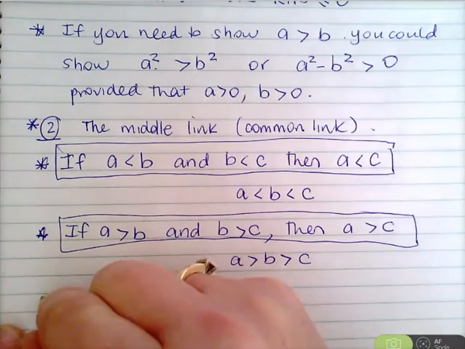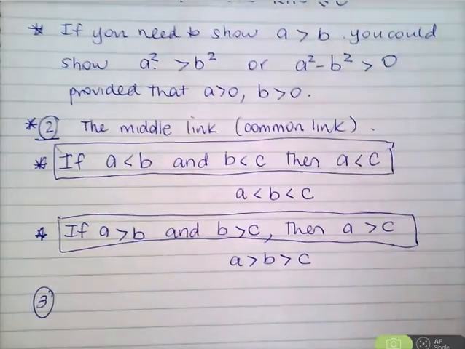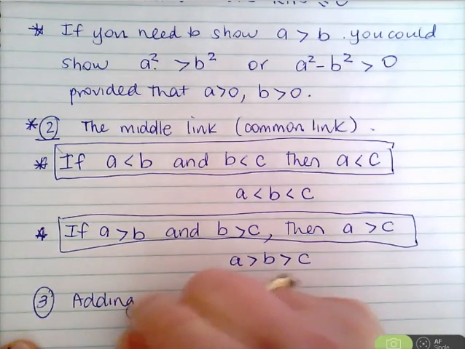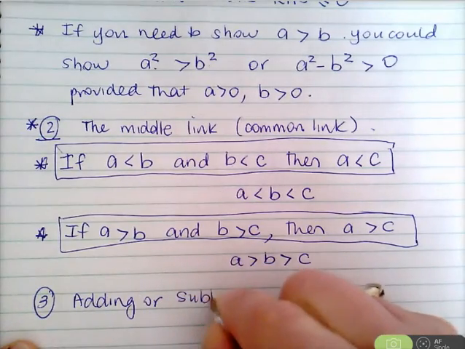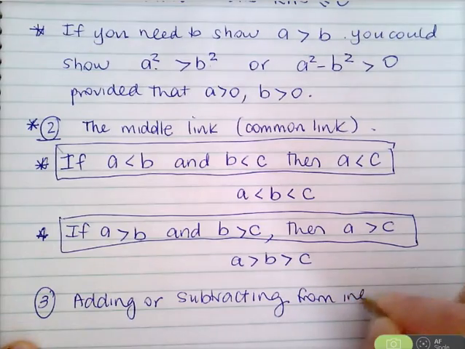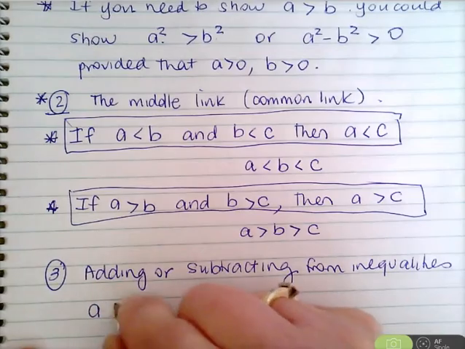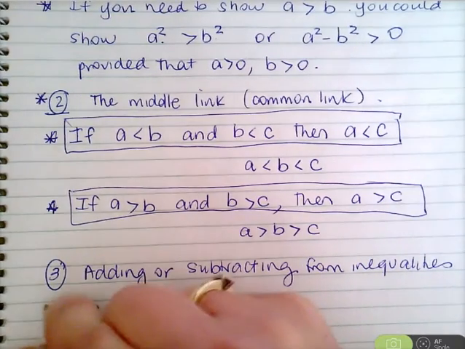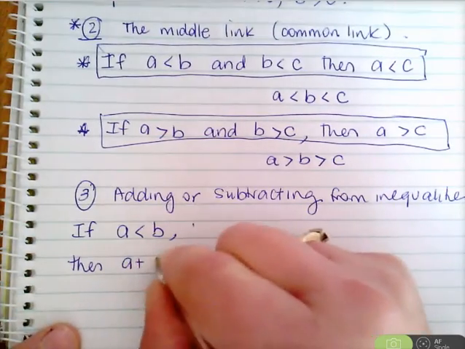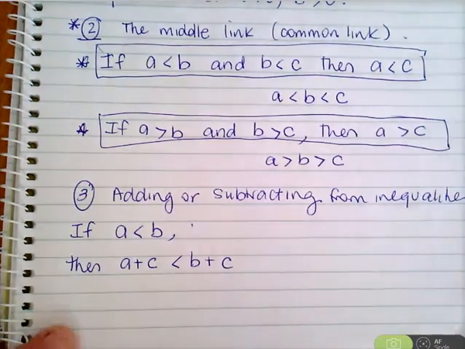Okay, the third thing, just looking at adding and subtracting from inequalities, all right? Now if we know that A is less than B, then we can say that A plus C is less than B plus C, okay?